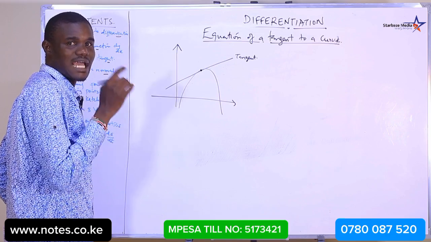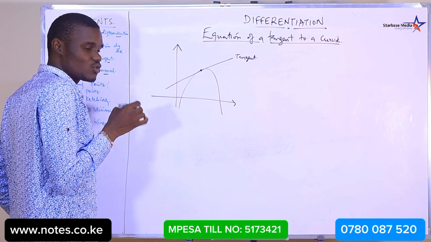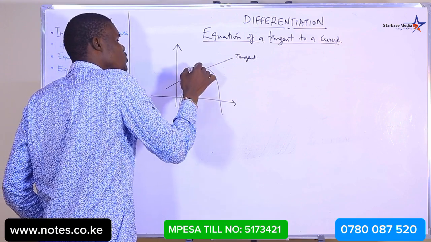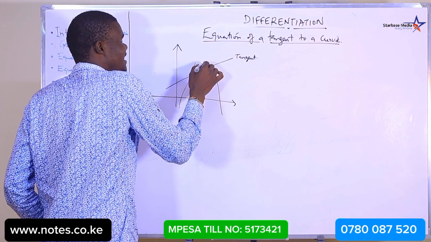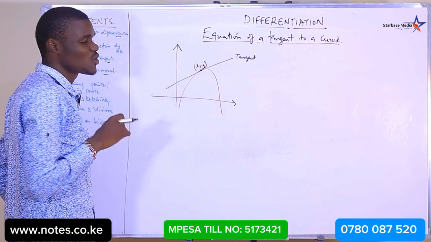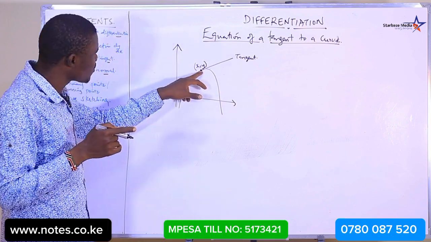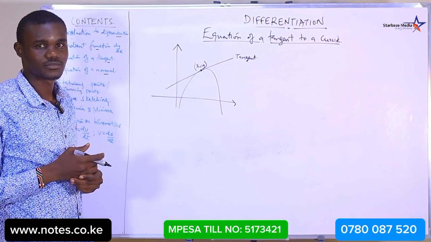It is called a tangent. So when you are told to get the equation of a tangent, it means you are told to get the equation of that curve at a given point, because the tangent touches the curve at only one point. So that point is what you are going to use to get the equation.